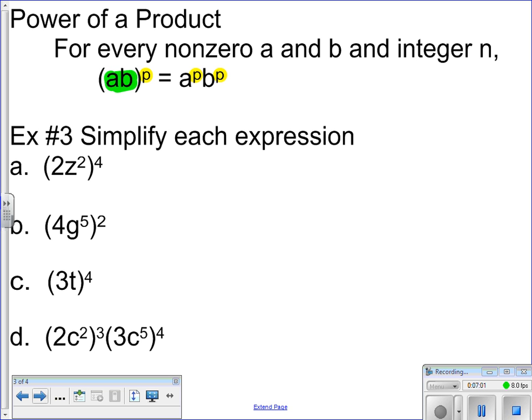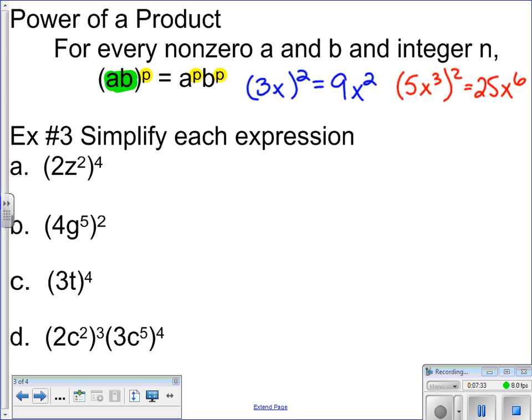So if you have 3x and you want to square that, you need to square the 3, make it a 9, and square the x, which is x squared. Now if it has exponents already, for example like 5x to the third squared, you still square the number and make it 25, but you multiply the exponents and make it 6.